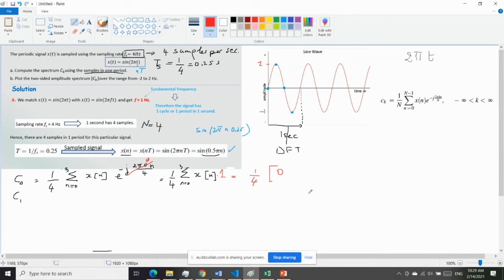The sinusoid goes from 1 to minus 1 to 1. So 0 plus 1 plus third sample 0 plus fourth sample minus 1. The result of this is 0. So C0 is 0.